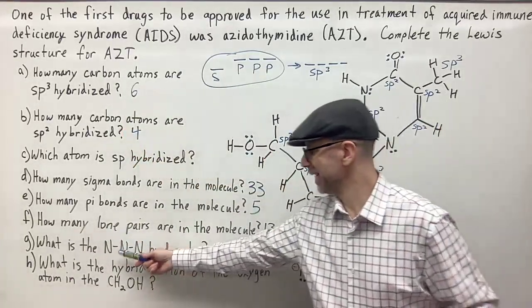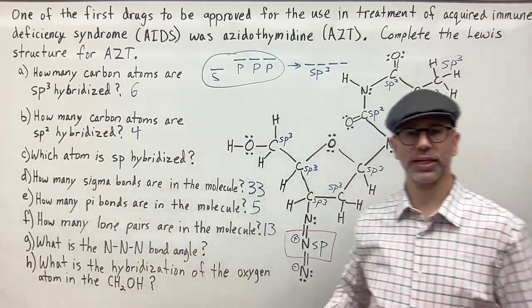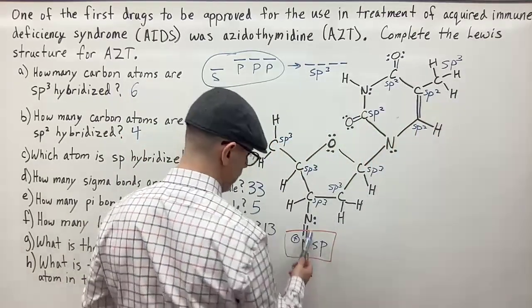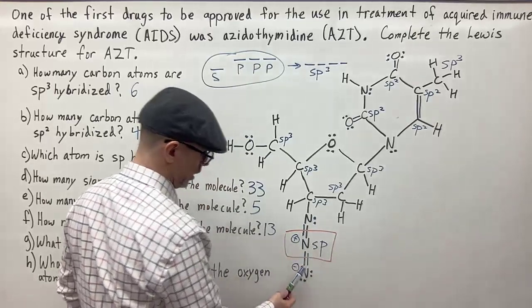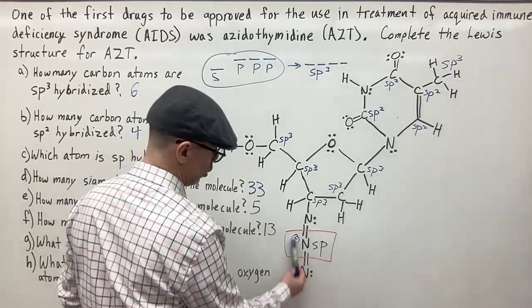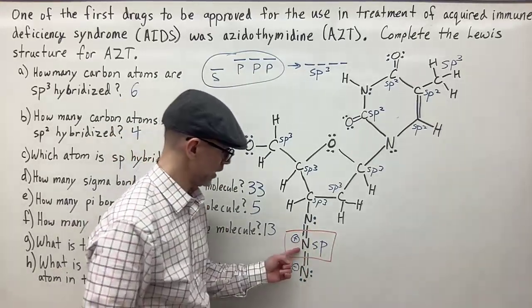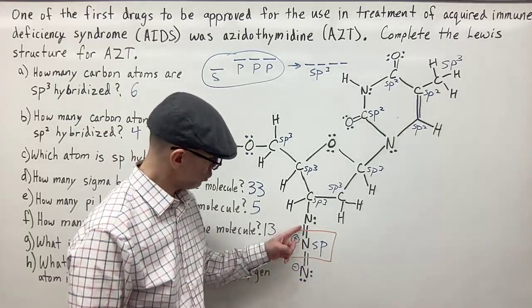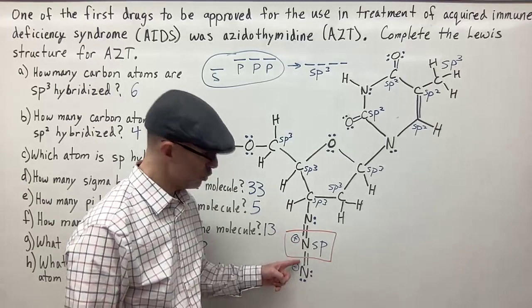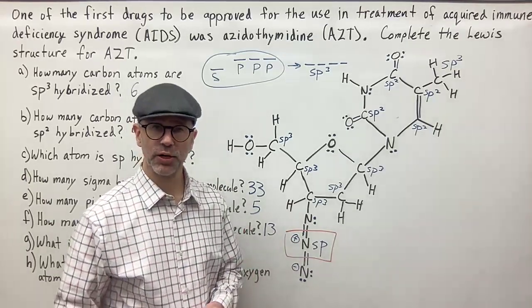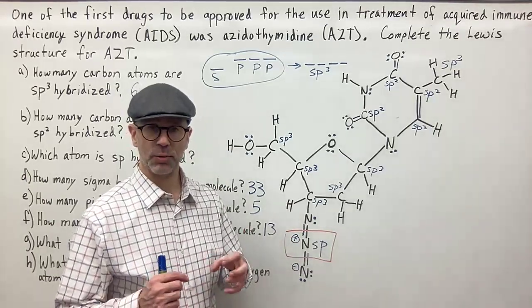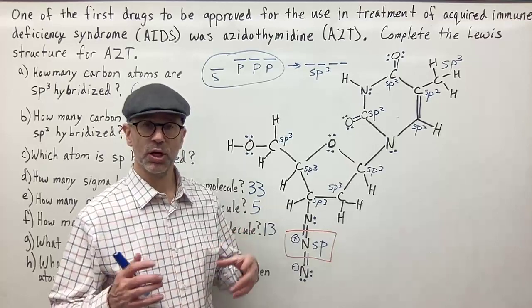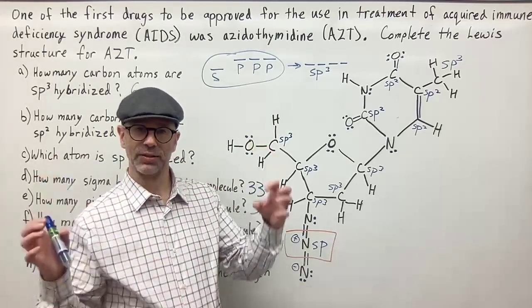what is the NNN bond angle? Where's NNN? Right here. So what's the bond angle around this central N here that's sp hybridized? Notice you have two electron groups. According to VSEPR theory, the electron groups want to be as far apart as possible, so they're going to be on opposite sides of the atom.